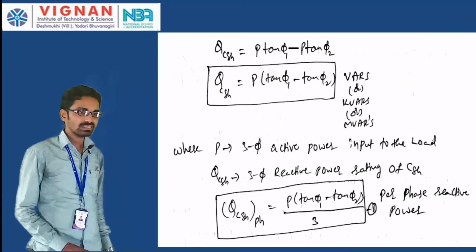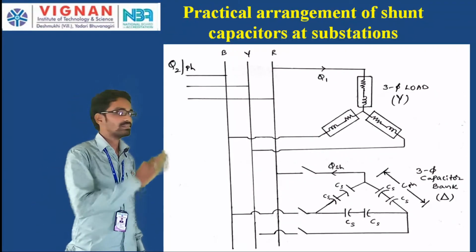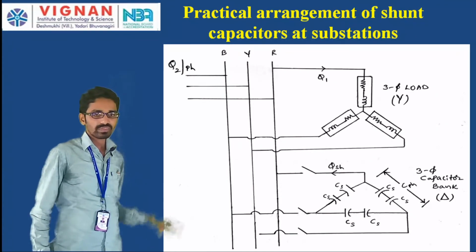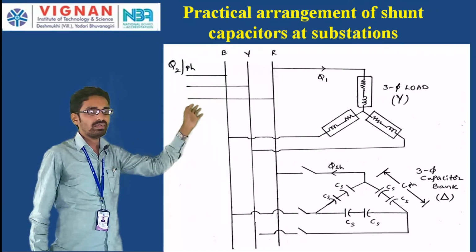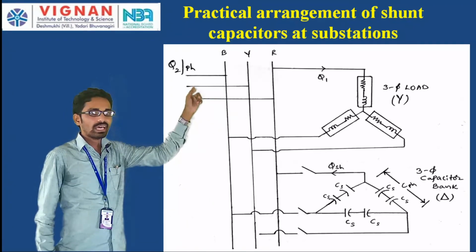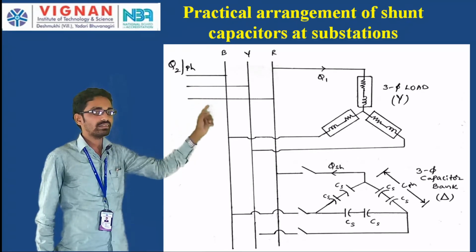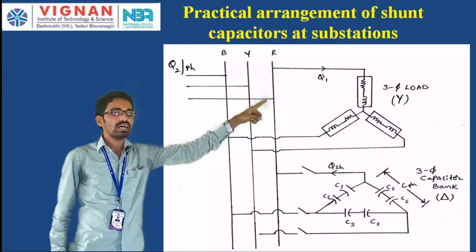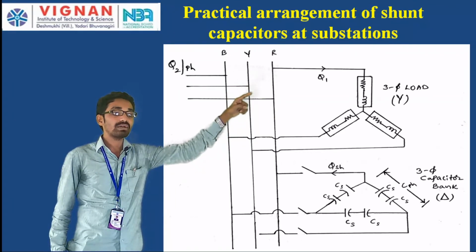Now if I consider the practical case, the practical arrangement of shunt capacitors at a substation, this is what the practical arrangement looks like. You are having the 3 phases R Y B. Here Q2 is the reactive power supplied by the generator and Q1 is the reactive power demand by the load.